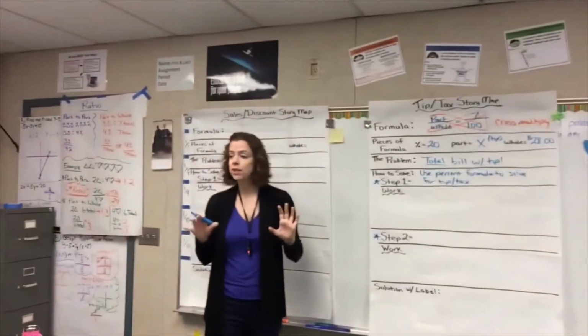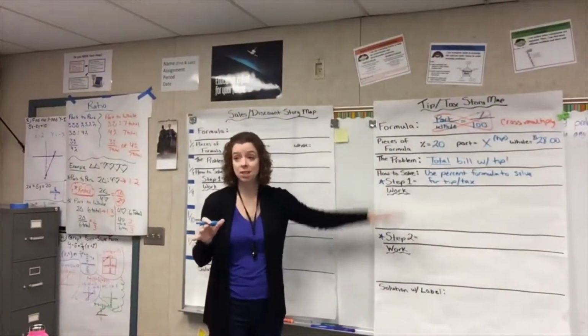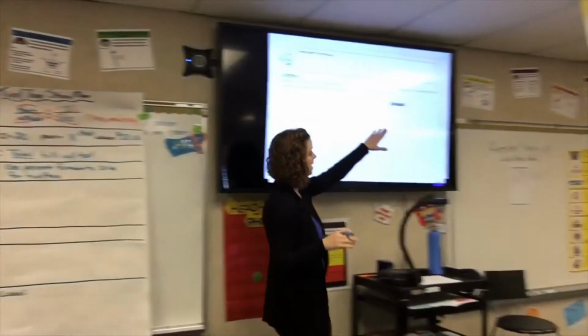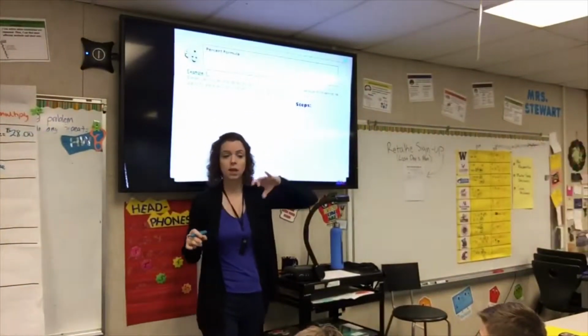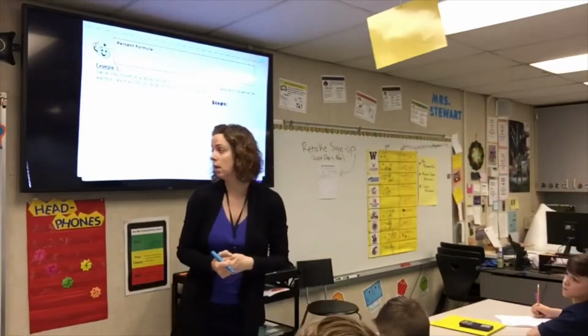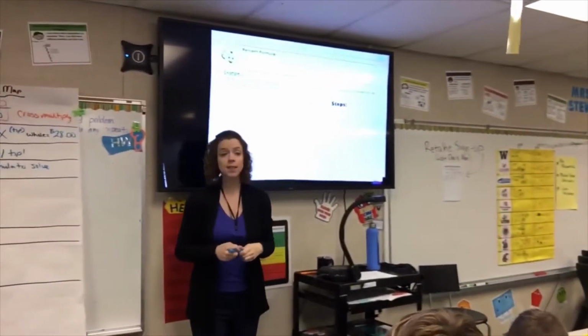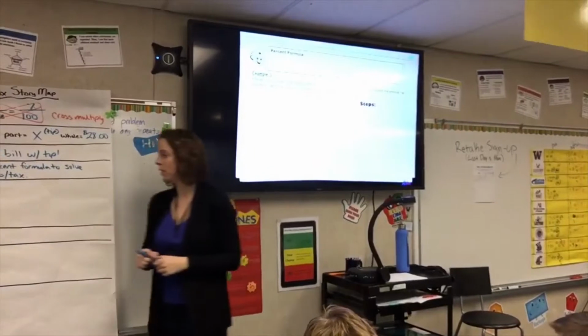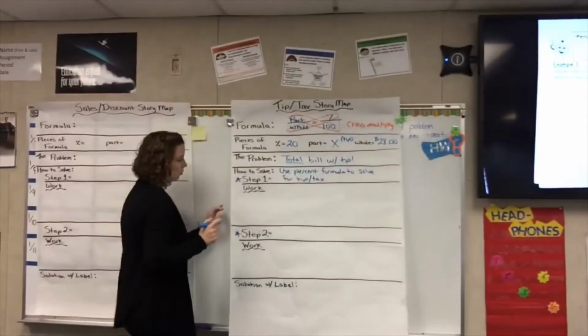So if you're solving for tips or taxes, you're going to use these two steps. So write that in the steps. Because you're going to want this when you're doing your practice so you can refer to it. So use the percent formula to solve for the tip. And then for the next one, we'll use it to solve for the tax.